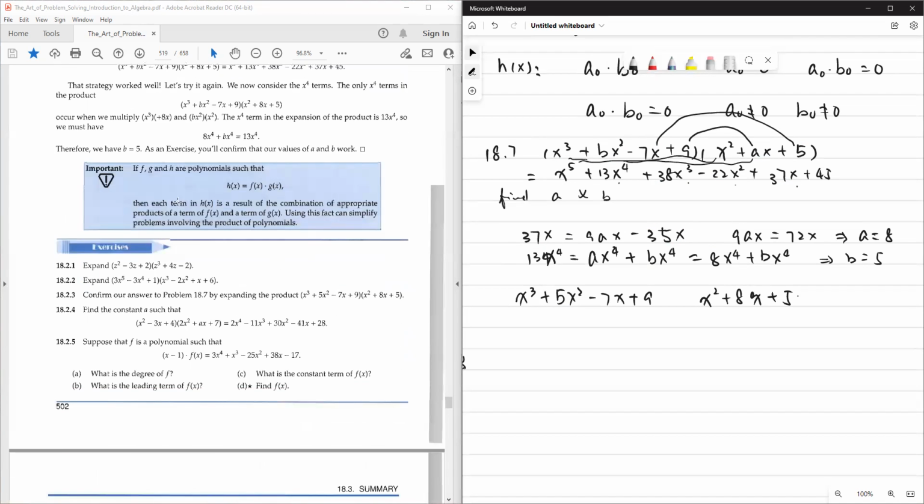Okay. So if f and g are polynomials such that h of x equals f of x multiplied by g of x, then each term is a result of a combination of appropriate products of a term of f of x and a term of g of x. Using this fact can simplify problem solving for the product of polynomials. Right. So this avoids you having to go through the gory expanding of the whole product.